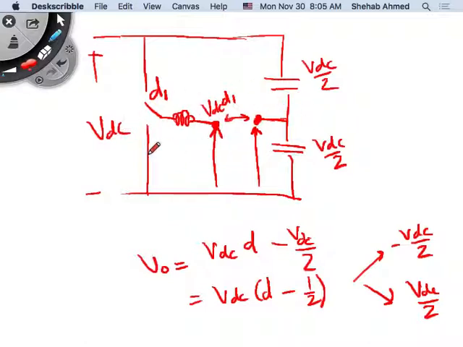But for the half bridge, you would have to bump up the VDC to twice its value for the full bridge if you want to get the same output voltage on the load. To receive the same output voltage, the half bridge converter would need a VDC of twice the full bridge inverter, right?